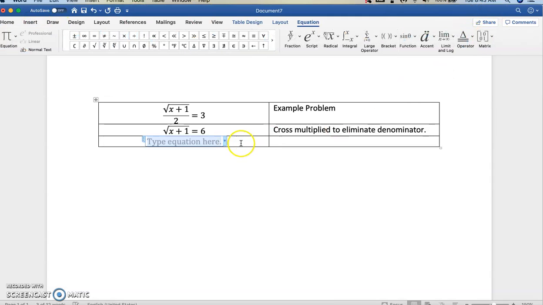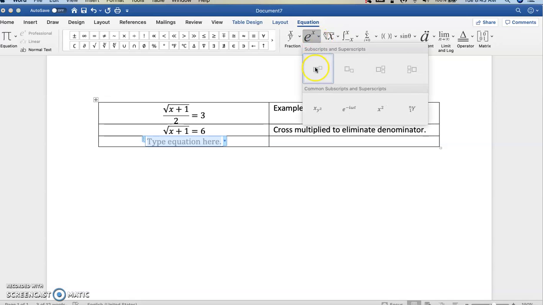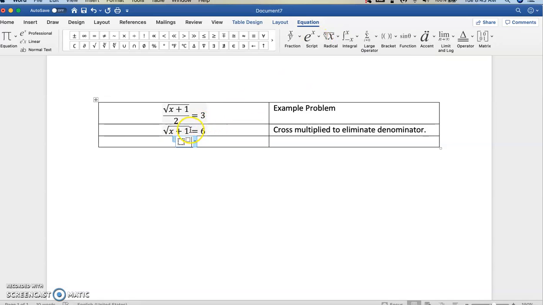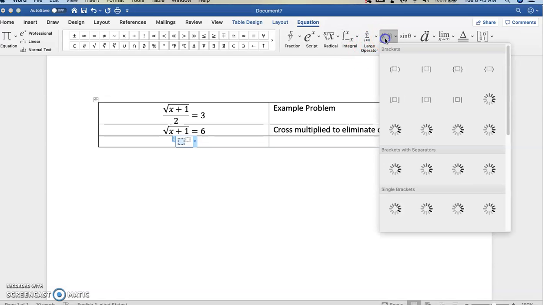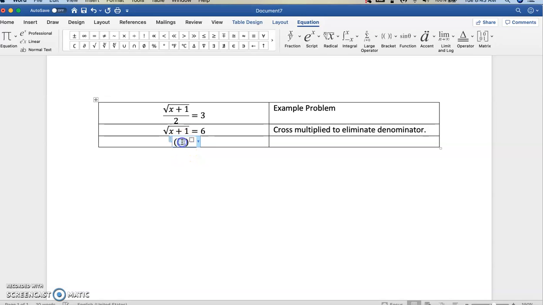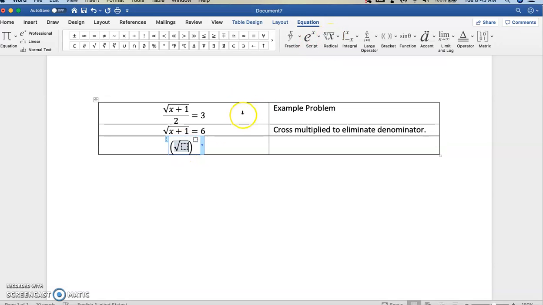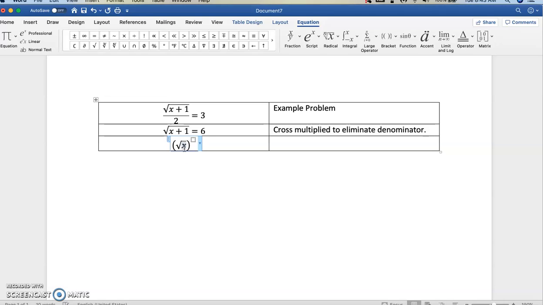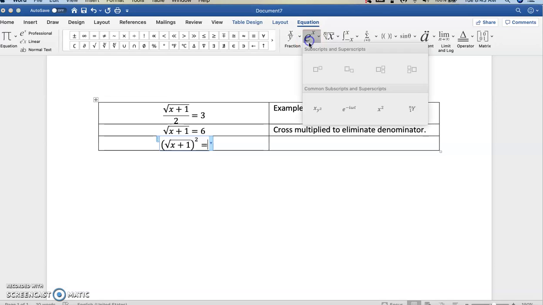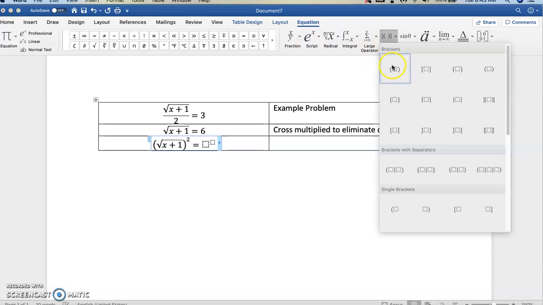Insert equation. I'll go here and pick up the square. And I want to actually type in what I have there squared. I'm going to put a parenthesis, and inside of here I will put the radical x plus 1. I'm going to square it, and it's going to equal, I need another exponent to show the details here.